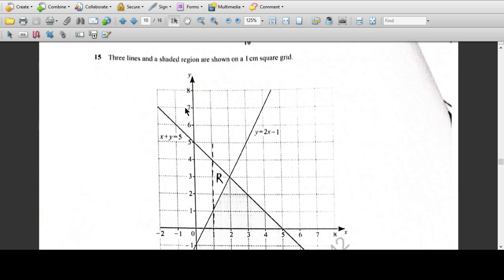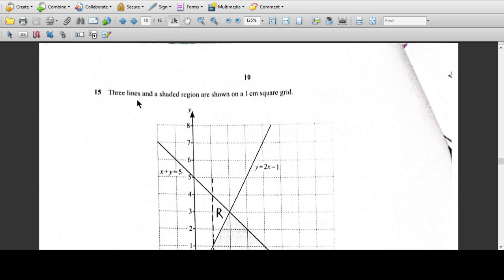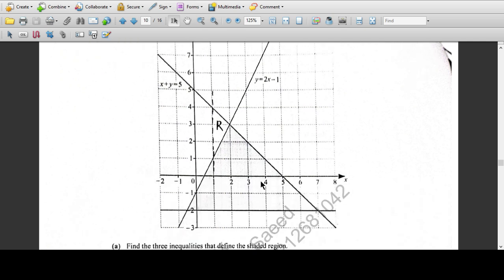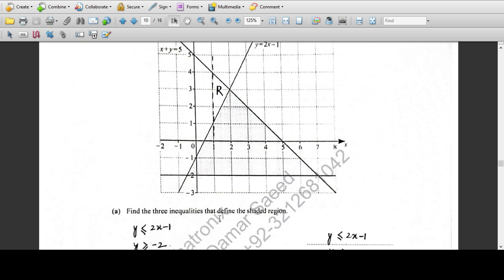Now question number 15: the three lines and shaded region are shown on a 1 centimeter square grid. With these three lines a shaded region is formed, and we have to find the three inequalities that define this shaded region.